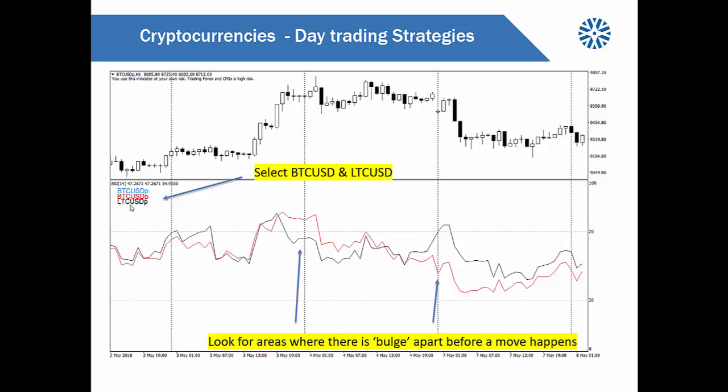Hopefully you can see that there are areas of bulge, areas where the RSI is different. Where there's a bulge, that provides us with the opportunity. Remember, we're talking about co-integrated instruments, so we're looking for that relationship to retighten, for them to trade back towards each other, and that is what offers pairs trading opportunities.